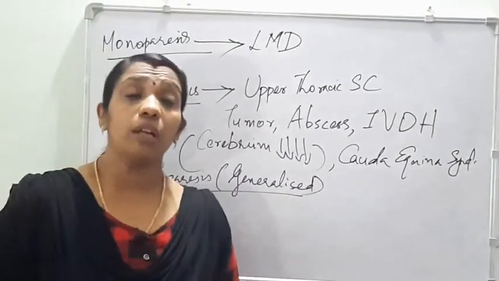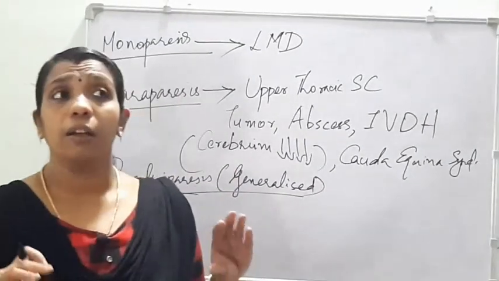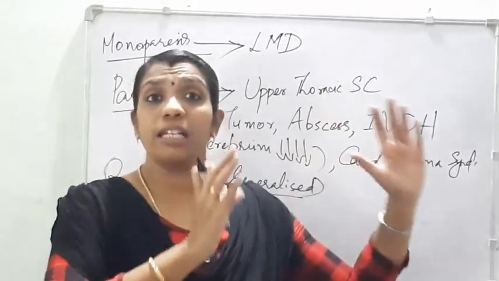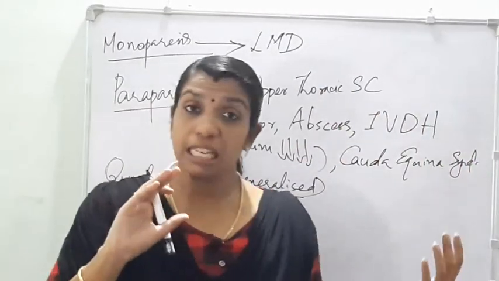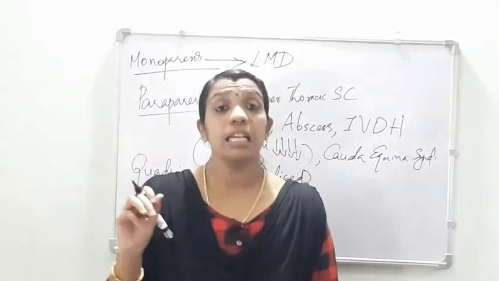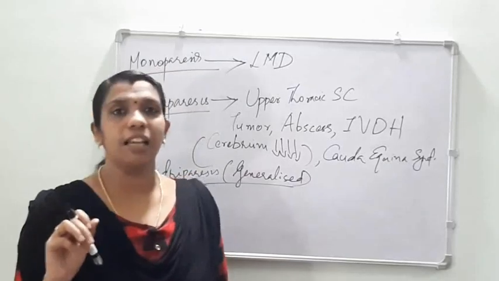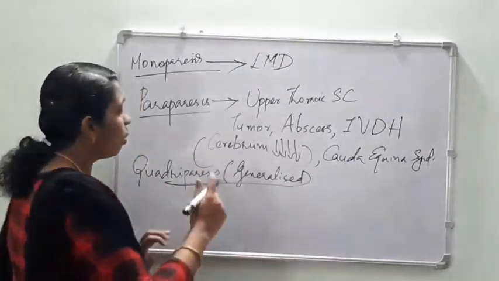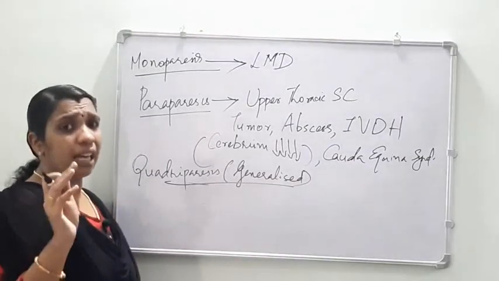We should understand whether the quadriparesis is due to something related to the brain. If it is related with the CNS, then, as we told earlier, there will be a change in cognitive function.